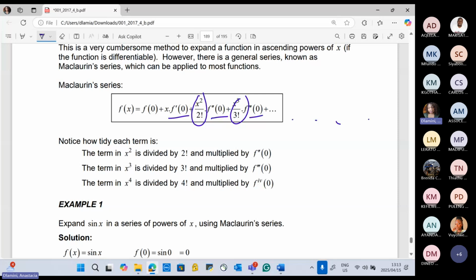The term x squared is divided by 2 factorial and multiplied by the second derivative. The term x to the power of 3 is divided by 3 factorial multiplied by the third derivative, and the term x to the power of 4 is divided by 4 factorial multiplied by the fourth derivative.